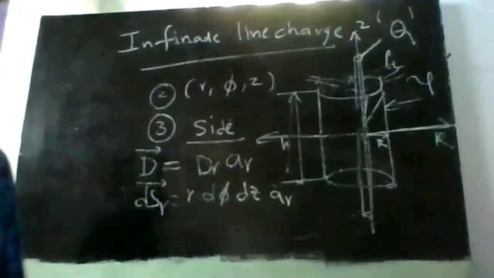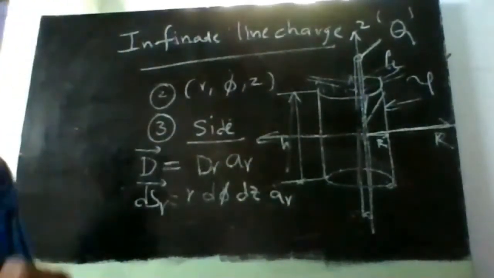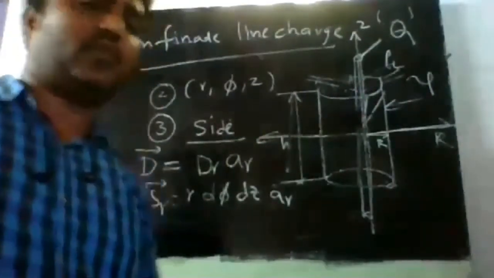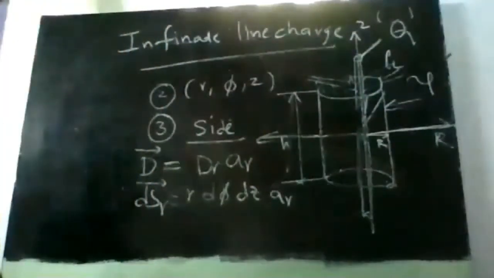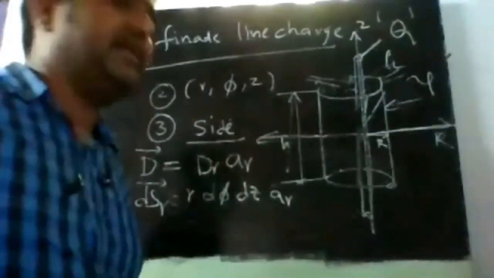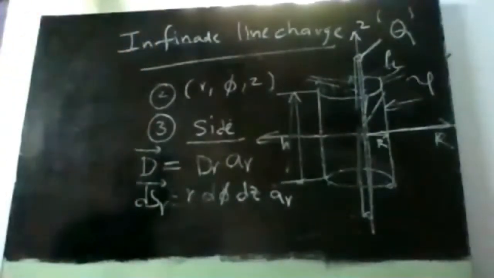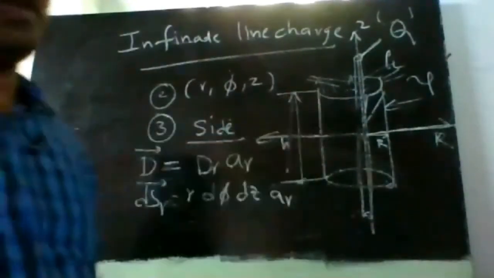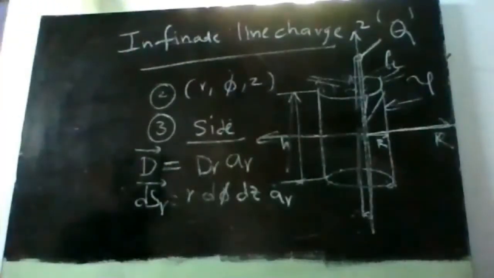This line charge or wire basically looks like a cylinder, having the structure or symmetry of a cylinder or a wire. Therefore the Gaussian surface that I have chosen is also a cylinder, like this. That is the first step done.